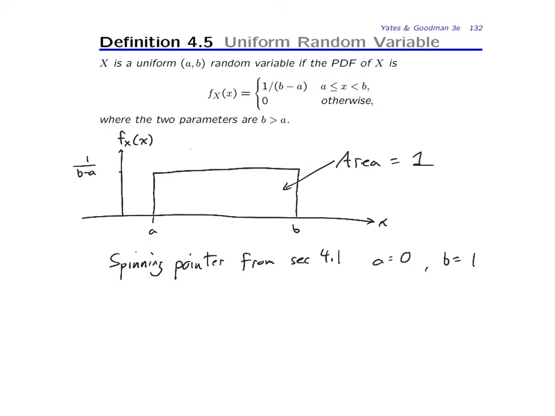The expected value of this random variable, we remember, we integrate x times the PDF for all x. Since the PDF is 0 before A and after B, we get the integral from A to B of x times 1 over B minus A dx.